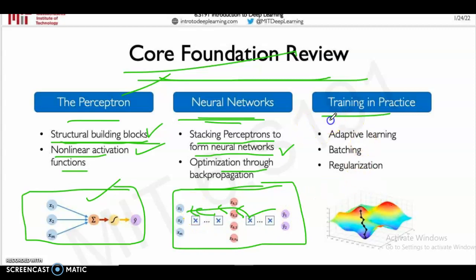Training in practice: adaptive learning, batching, regularization.